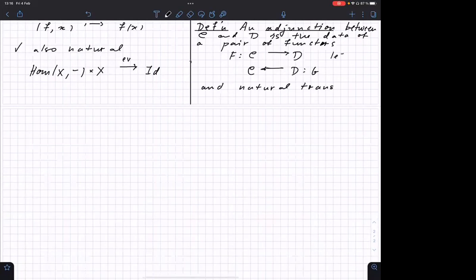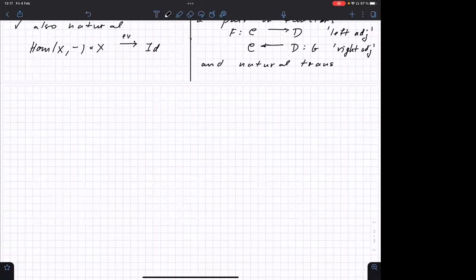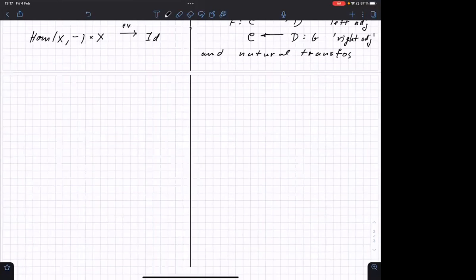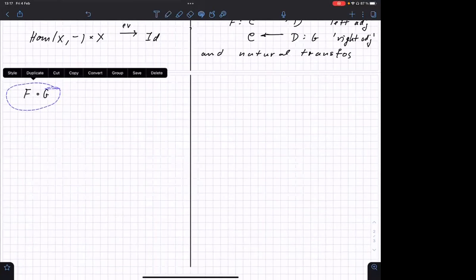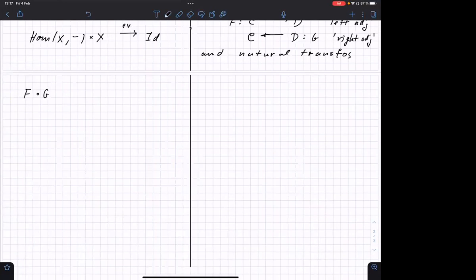So this one is called left adjoint. This one's called right adjoint. The natural transformations will also have names. So they generalize evaluation and co-evaluation. So natural transformations, let's write those out. So there'll be a natural transformation from G followed by F. So G goes from D to C, F goes from C to D. So the whole thing goes from D to itself.